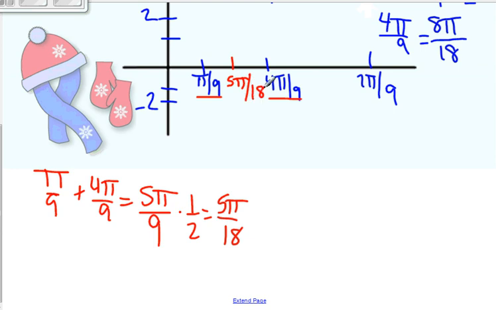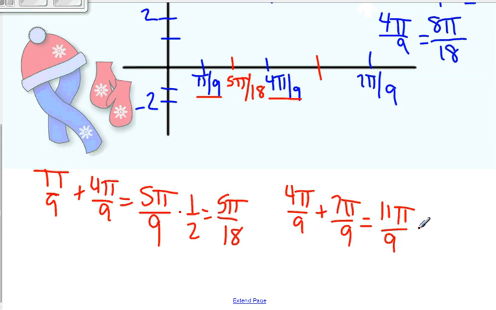Okay, we have to do the same thing to find this middle piece. So we're going to do 4 pi over 9 plus 7 pi over 9, which gives us 11 pi over 9. And we're going to divide it by 2, or multiply by 1/2. So we get 11 pi over 18.